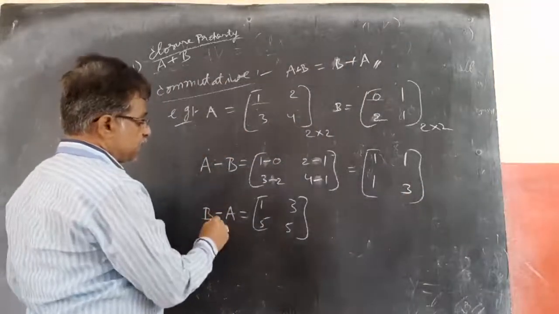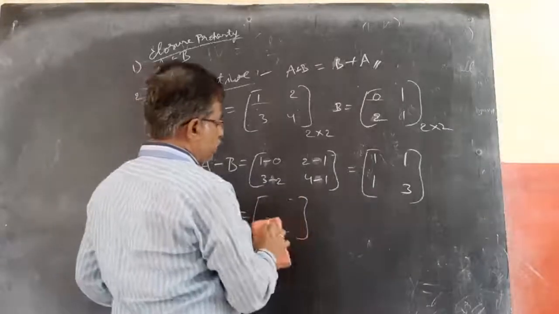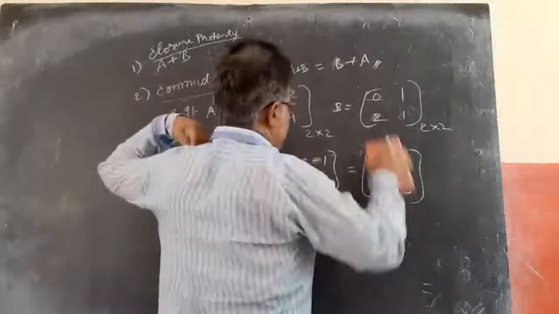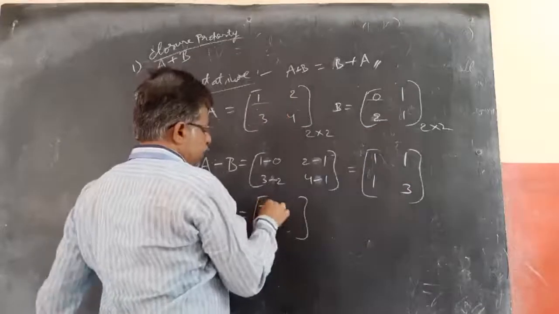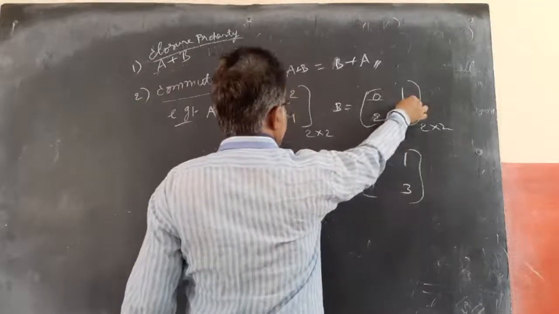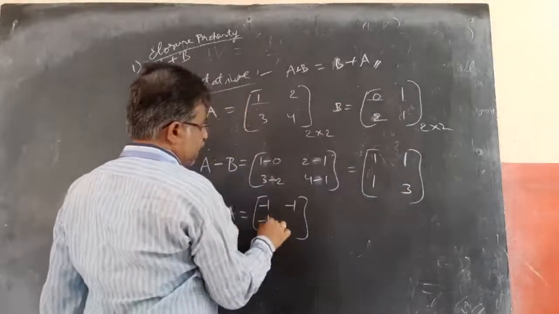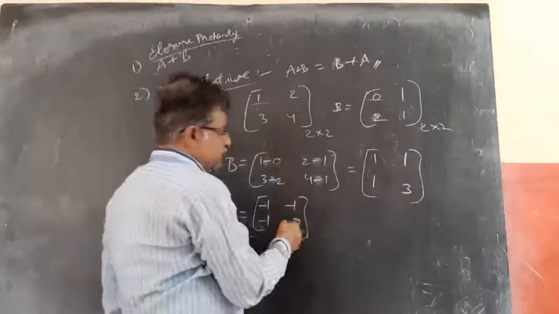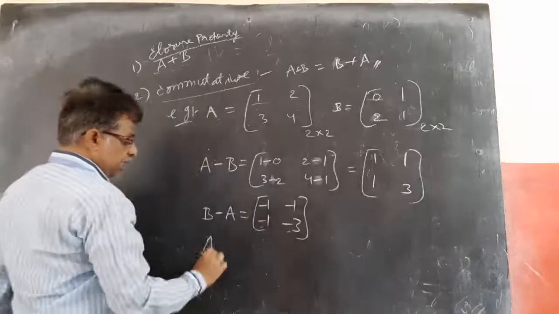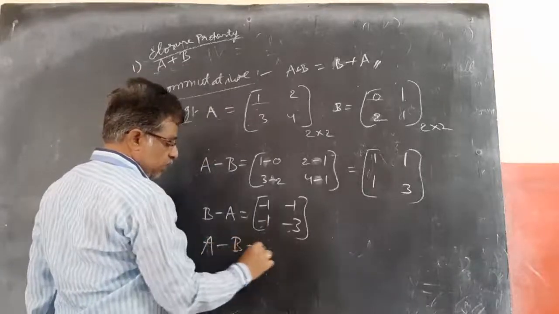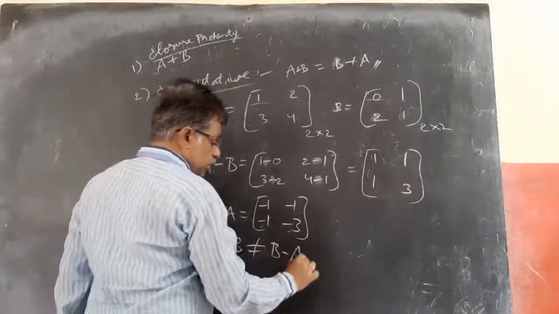Corresponding element subtraction: 0 minus 1 becomes minus 1, 1 minus 2 is minus 1, 2 minus 3 is minus 1, 1 minus 4 is minus 3. These two are not equal. A minus B is not equal to B minus A, observe.